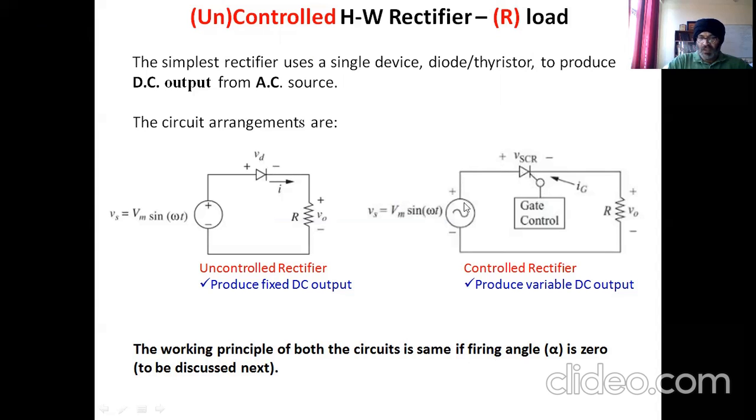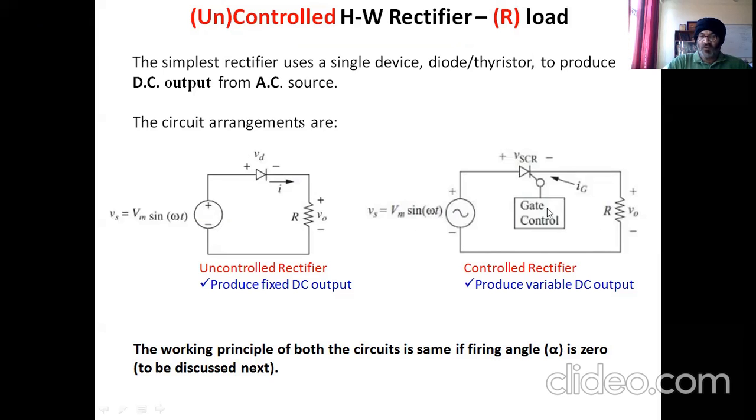The voltage source is now connected to the load through the SCR. In the positive half cycle, we know that the SCR is forward biased. With a diode, as soon as it is forward biased it starts to conduct, and the complete source voltage appears at the output. But when the thyristor is forward biased, the complete positive half cycle does not appear at the output because it is forward biased but not conducting at the moment.